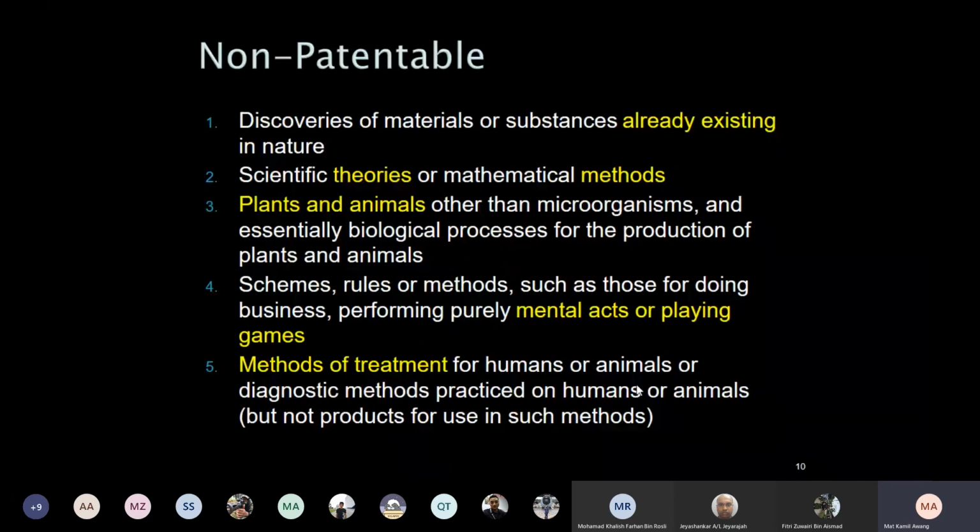You cannot patent scientific theories or mathematical methods. The third one is plants and animals, other than microorganisms and essential biological processes for the production of plants and animals. So basically the basmati rice, they patented through the process of production of plants.